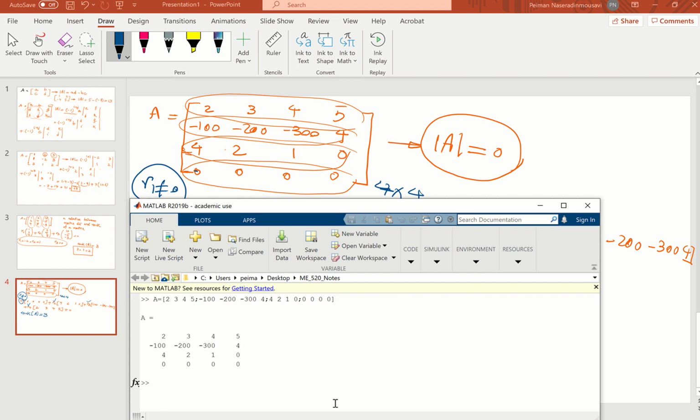Here we go, that matrix. If I ask for the rank of the matrix, here it is 3. So it's not full rank, because the matrix is 4 by 4. If your matrix is full rank, the rank must be 4. So its determinant is 100% going to be 0. There's no doubt.